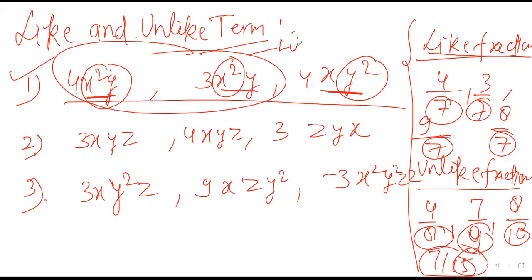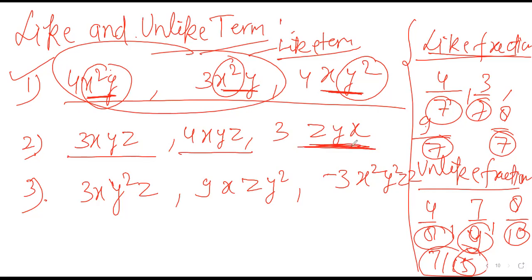Means they are like terms, that is, such polynomials, such terms are called like terms whose variables' powers are the same, but it does not depend on the order in which the variables are written. Suppose this second one, it is very clear, 3xyz, 4xyz.